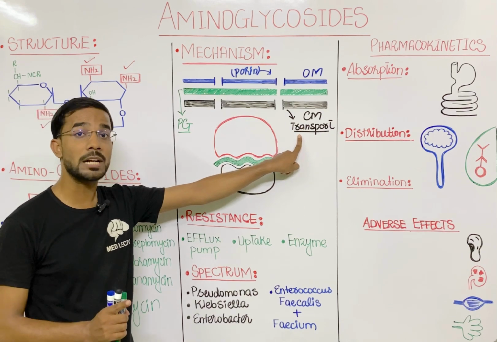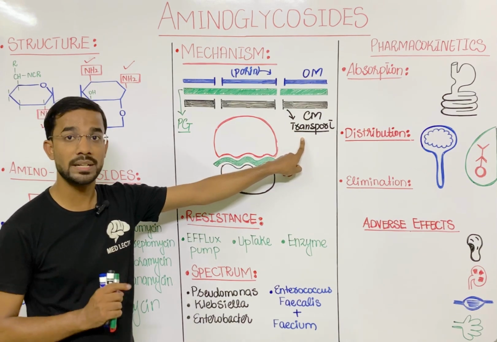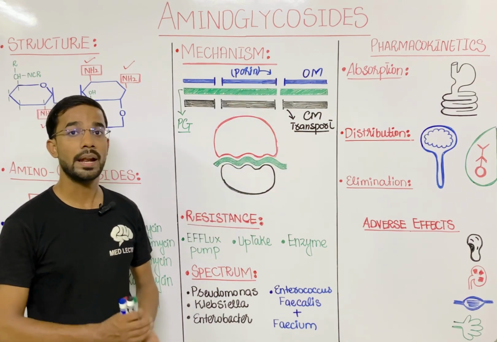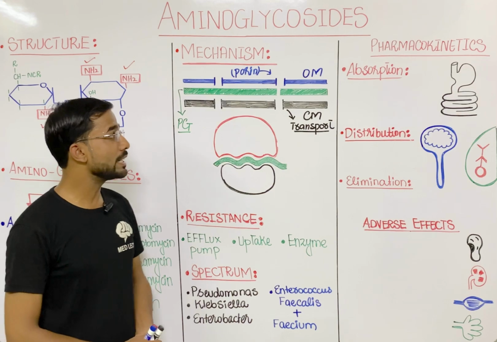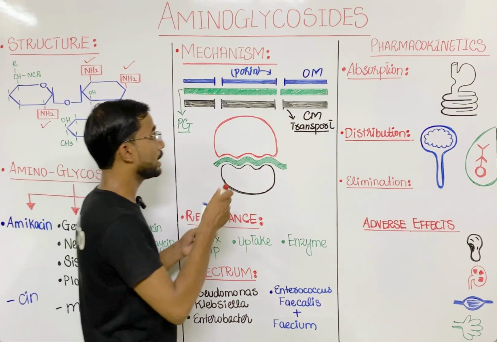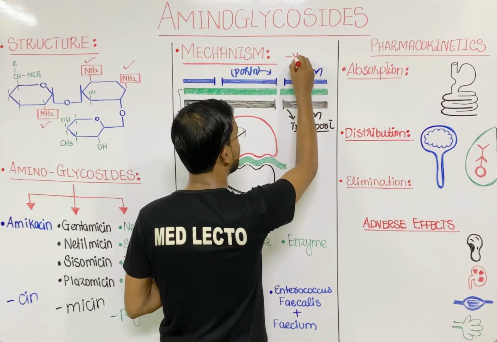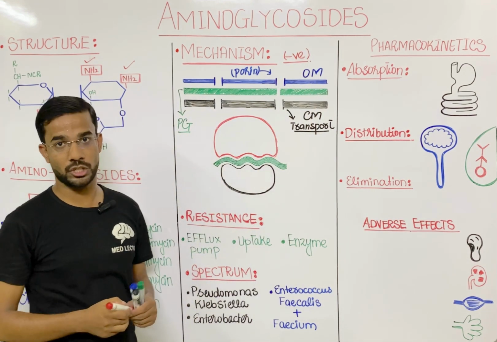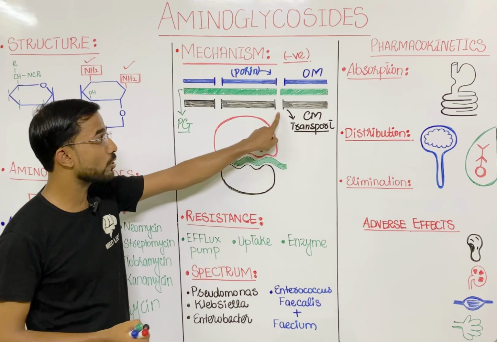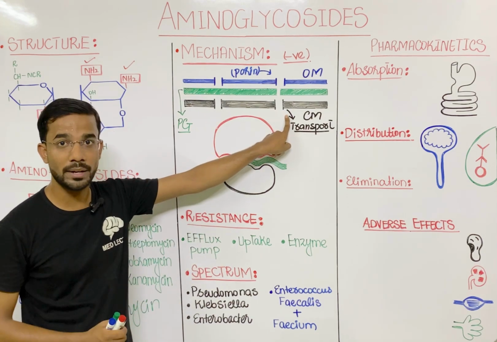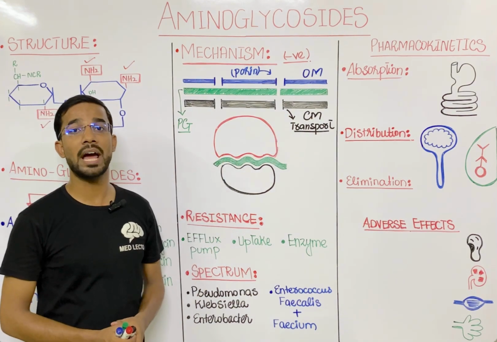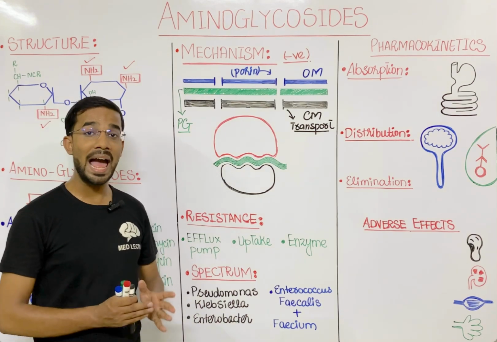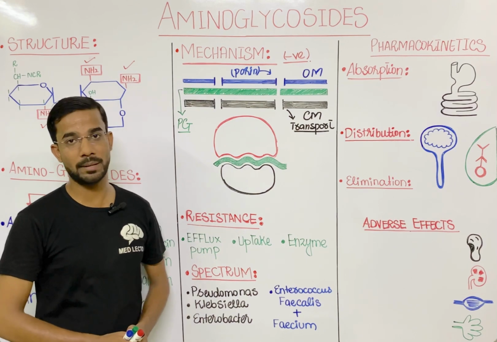So the presence of oxygen is very important for the transport of different molecules like aminoglycosides. It means the bacteria should be gram negative, and these bacteria should be aerobic in nature, because oxygen is required for the transport of the molecule. So aminoglycosides are used against gram-negative bacteria as well as aerobic bacteria.